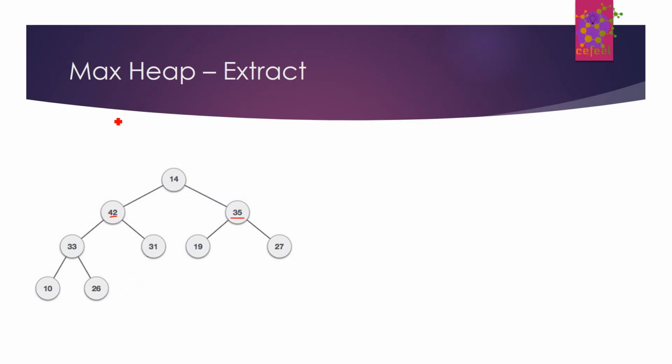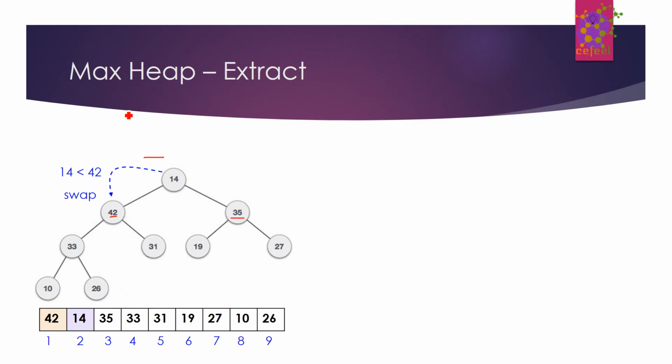So what we do here is we first see the children of the new node, and then find the maximum of them. In this case we have 42 and 35, the maximum of which is 42. So we now need to swap 42 and 14, which means the new node has to be swapped with the greatest child. We compare 42 and 14, 14 is less than 42, and hence we need a swap.